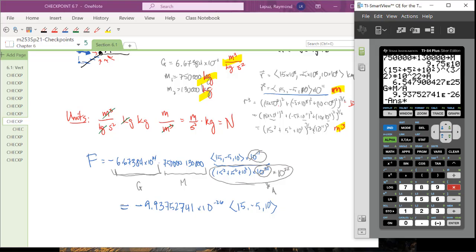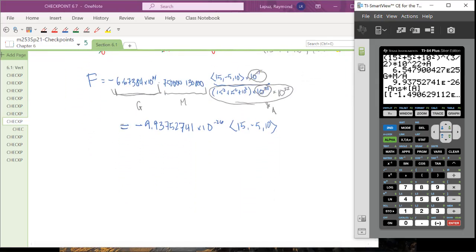Let's access the matrix again, second function and matrix, and instead of edit, let's select the names, select A, and enter. What I'm saying here is I'm throwing a negative sign, and my previous answer, which is the gravitational constant times the two masses divided by that other thing, and then we're going to multiply it by A. Enter. And here are our values.